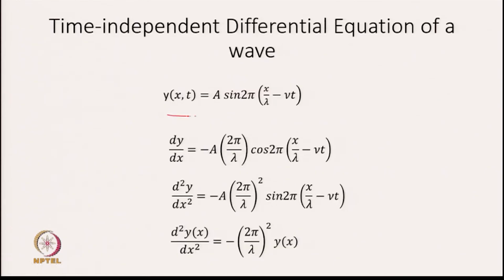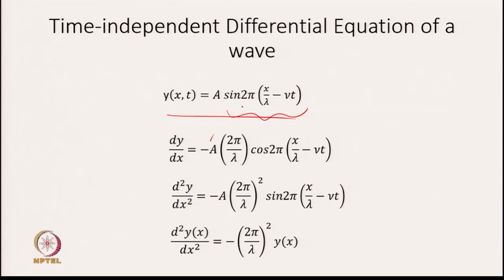So, this is the same equation taken from the earlier slide. If I differentiate y with respect to x, I get a multiplied by the differential of sin x with respect to x, which is cos x.